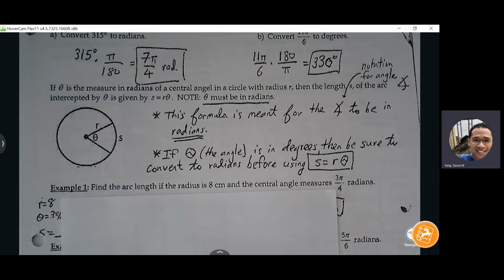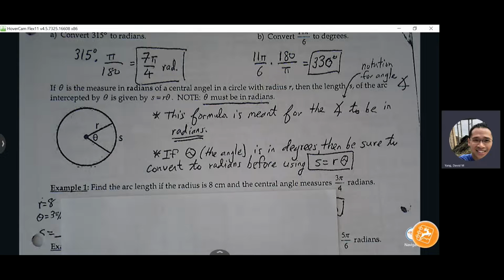So if theta is measured in radians of a central angle, so central angle means that the vertex is sitting in the middle of the circle, with the radius r, then the length s, so that's the notation for arc length, is given by s equals r theta.